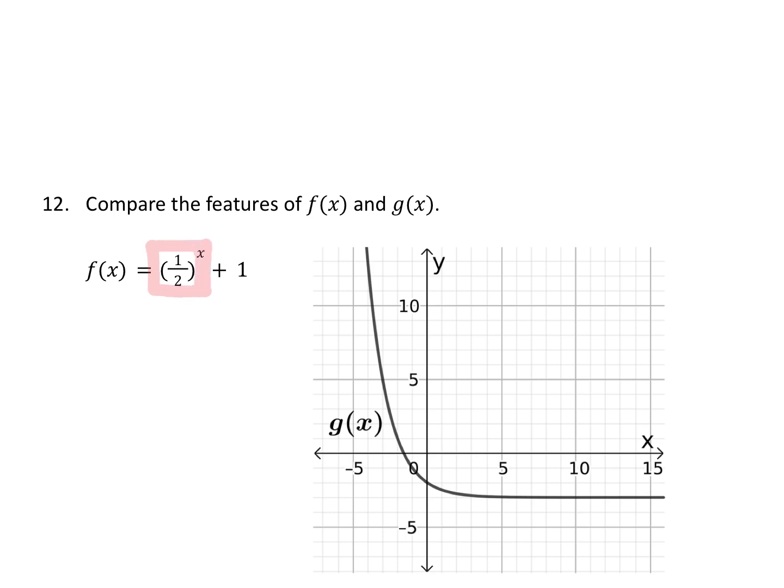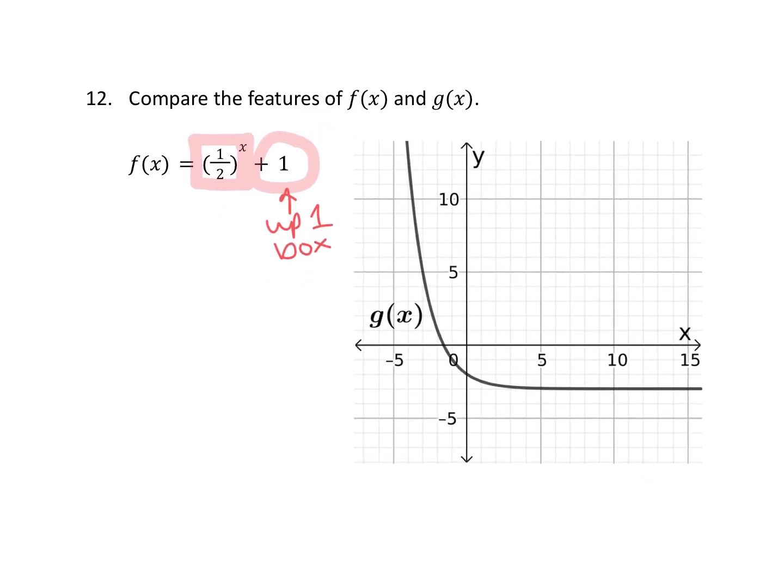And then this right here shifts it up 1 box. The whole curve. So let's see if we can graph this. And then we'll make some comparison observations.